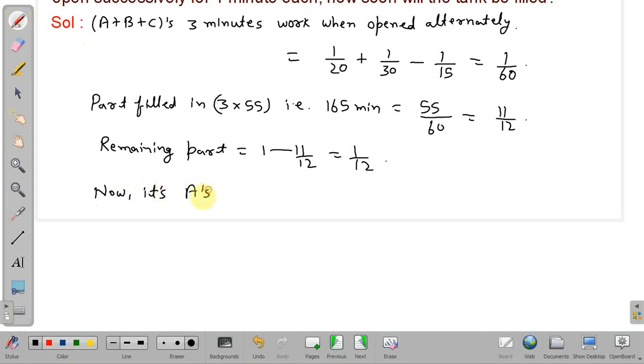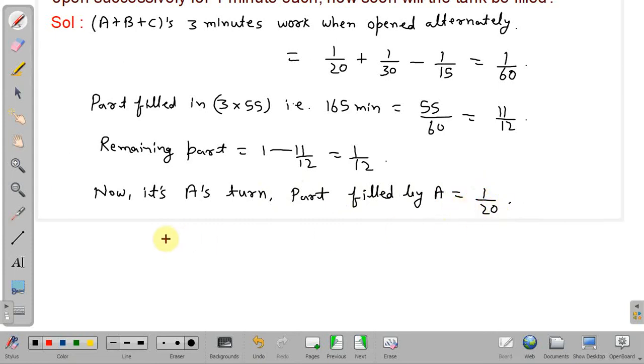So how much part will be filled by A? So the part filled by A, because it will be open for 1 minute only, will be equal to 1 by 20.